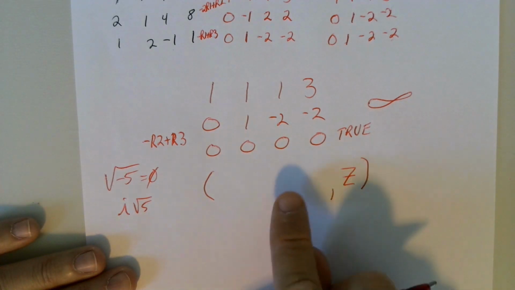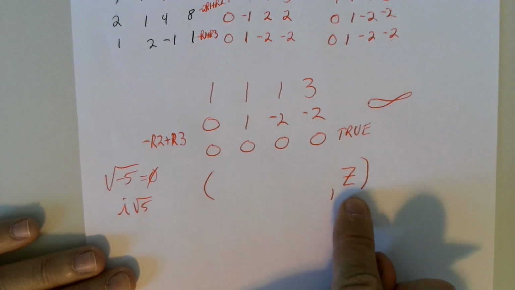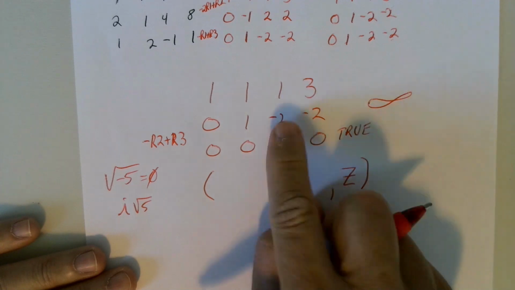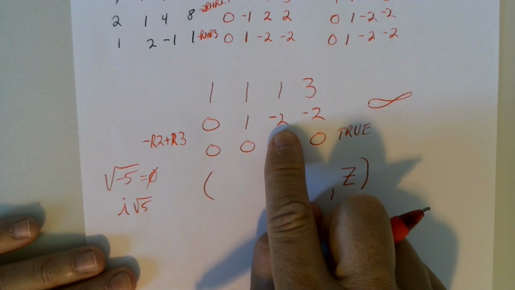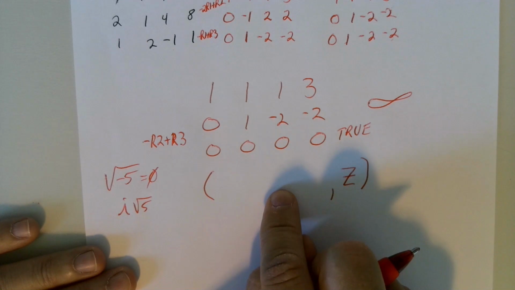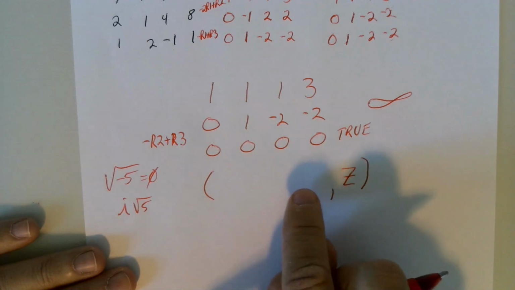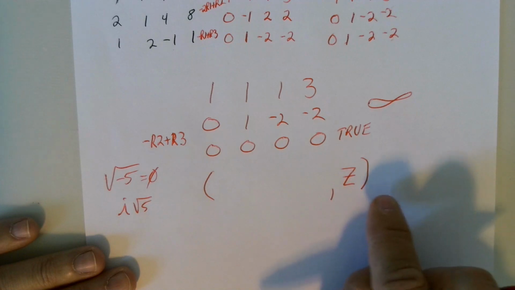And then I can define x and y based on that z. So basically I could have you all in the classroom pick any number that you wanted from negative infinity to infinity, and you could let that be z, and then you just have to back substitute it into the other equations to find out what your y would be based on your z, and your x would be based on your y and your z. Does that make sense?